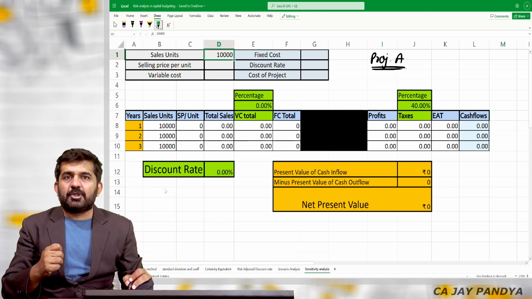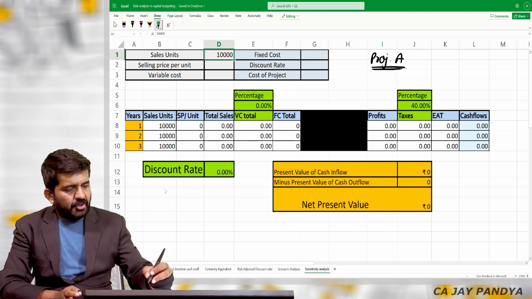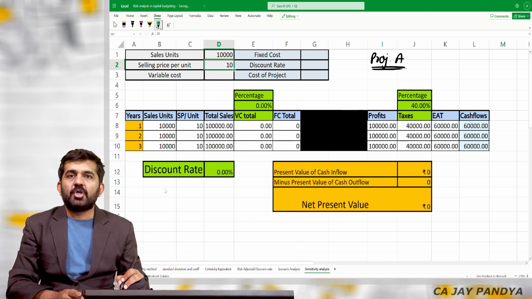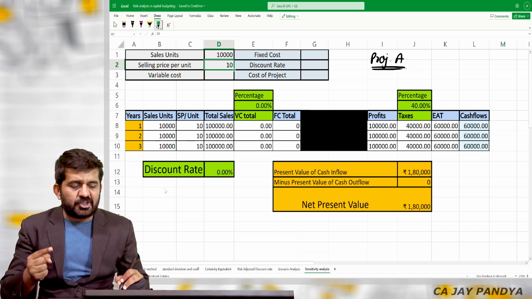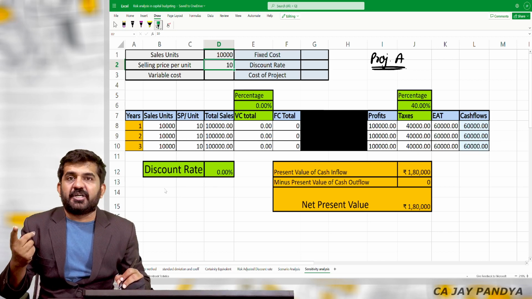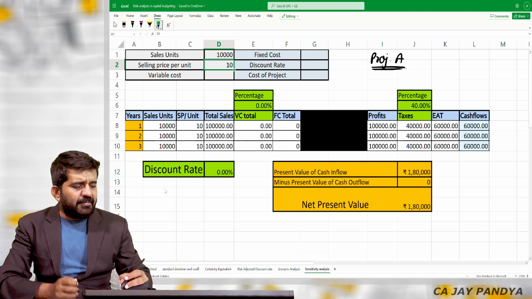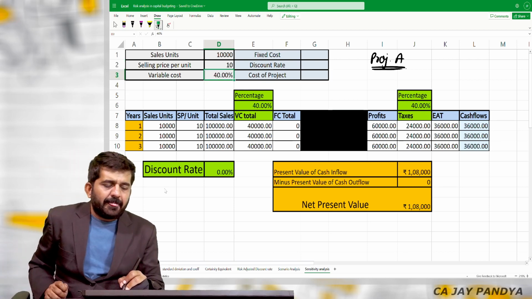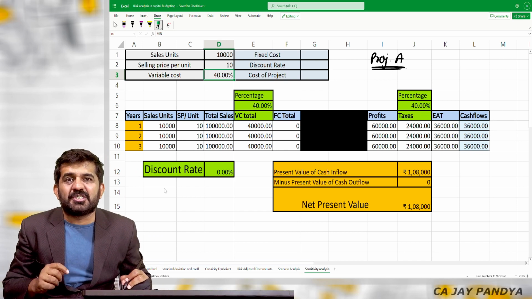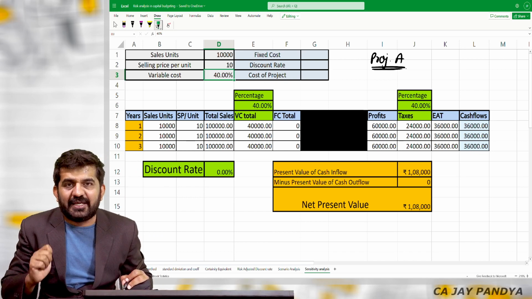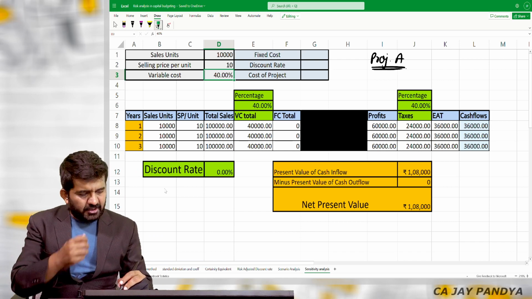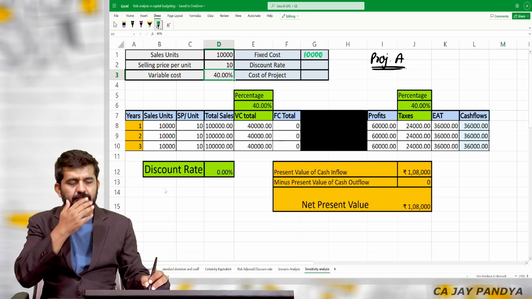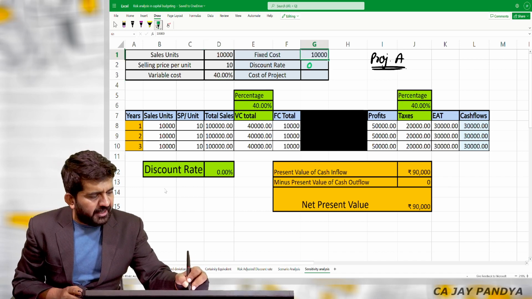So you will be able to sell 10,000 units per annum. Your selling price per unit is 10 rupees. Your variable cost percentage is 40%. What does it mean? Your variable cost is 40% of your sales. Fixed cost is 10,000 rupees every year.